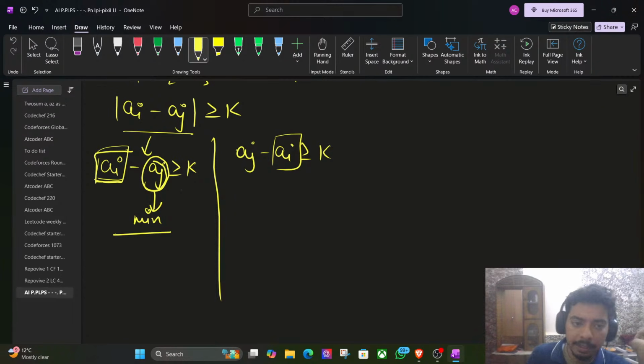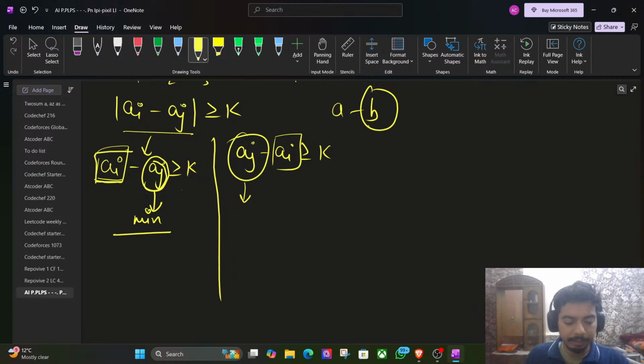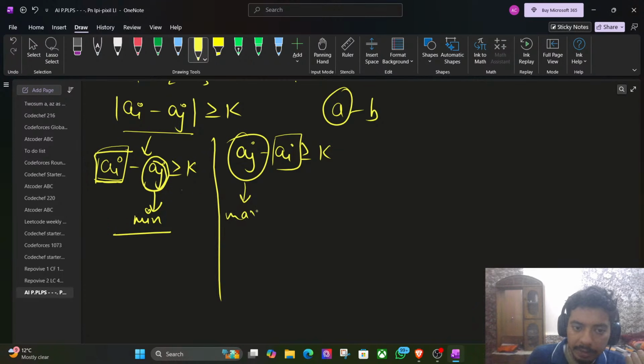Okay, let's come here. So for aj - ai, now here a minus b is happening. Earlier we were checking for b, now we are checking for a. Now from which value should I subtract ai such that the remaining part is as large as possible, so that it crosses the line of k? So it will always be the maximum value.